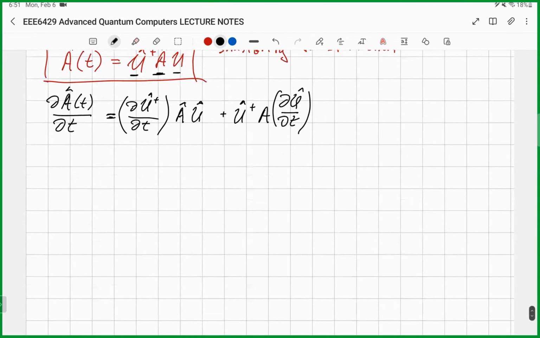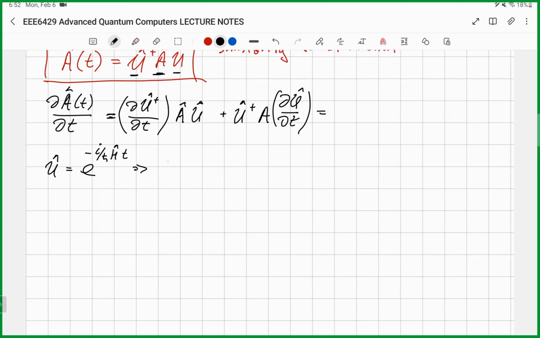So now I recall that my u is nothing but the exponential function of minus i over h, the Hamiltonian times time. I assume that the initial time is equal to 0. It just provides some constant here.